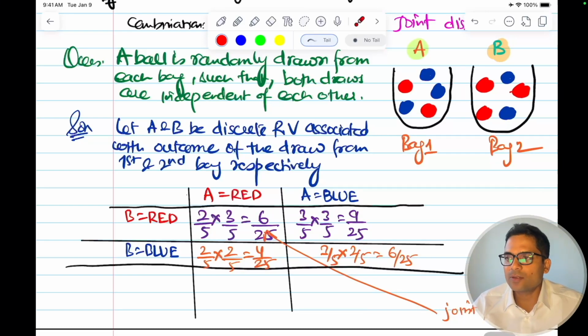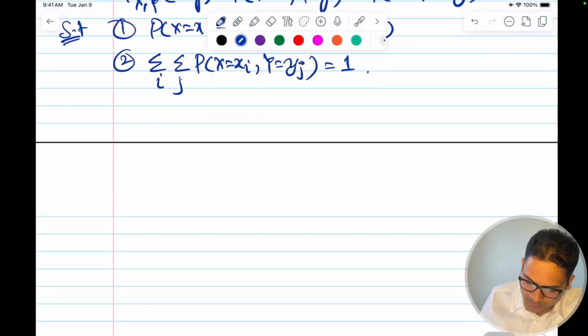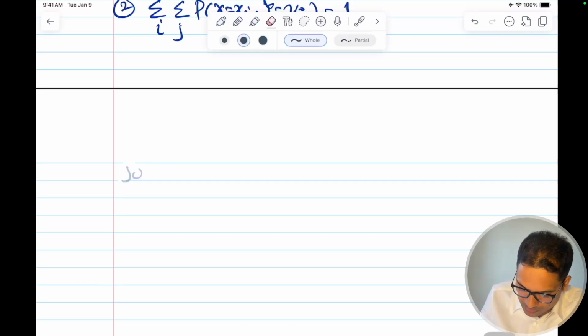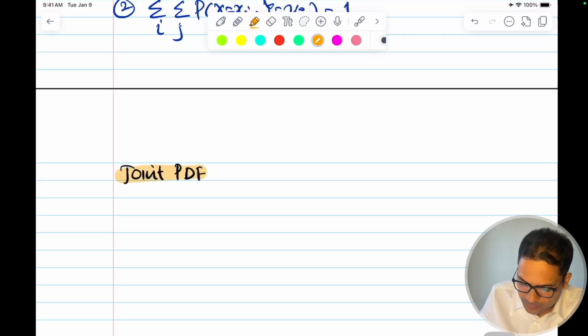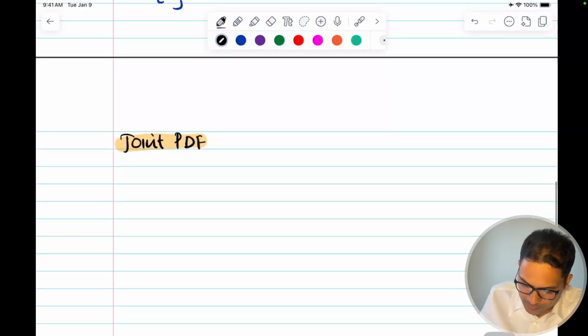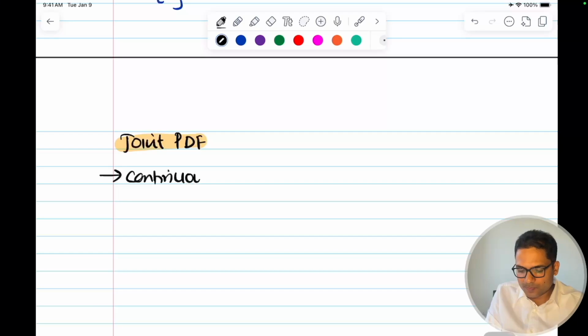Okay, so let me write down the joint PDF also. Let's come down. Let me use the black one. What will be the joint PDF? So this is for the continuous case.